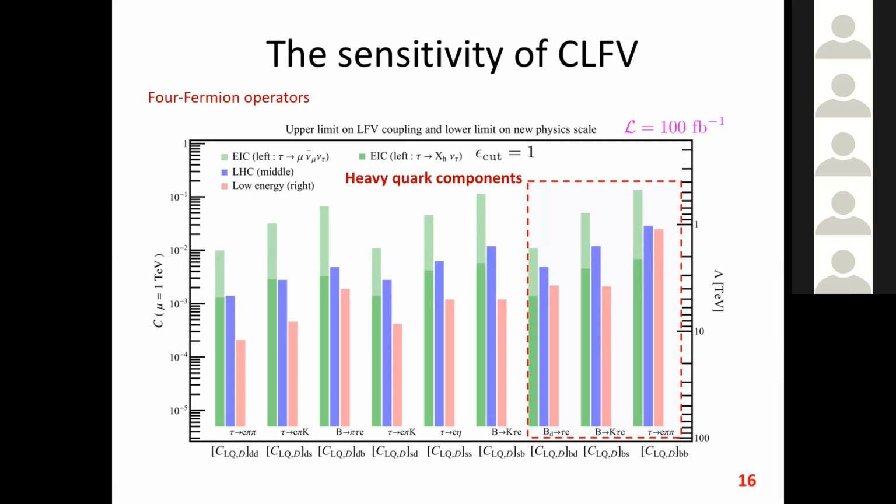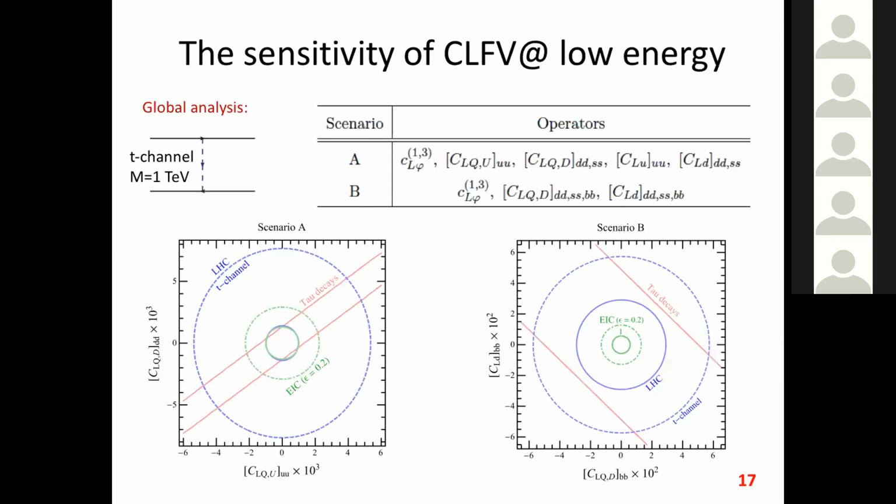Maybe only for some special cases you only generate one operator. So it's very important to consider that, after we include more operators in our analysis. Here we just show two scenarios as an example, scenario A and scenario B.